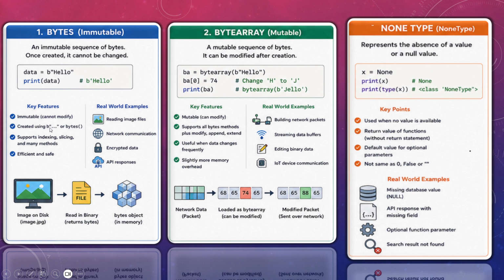We create them using b as the prefix, or you can use the bytes constructor. They support indexing, slicing, and many methods, but do not allow us to update or edit them, while we can do the same in bytearray, a mutable sequence of bytes. NoneType represents absence of value, which in SQL database language is the null value, correct?